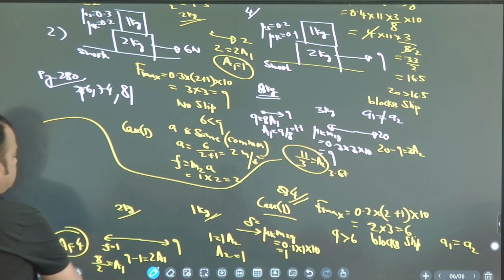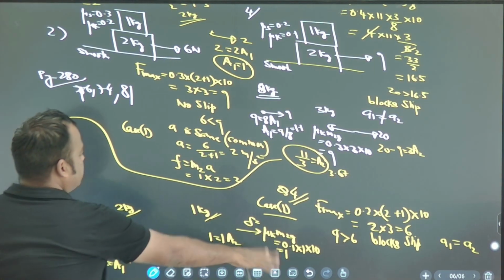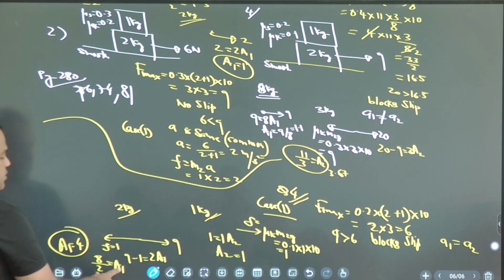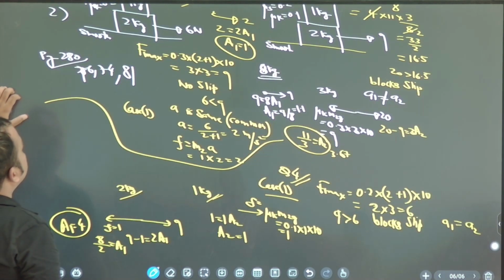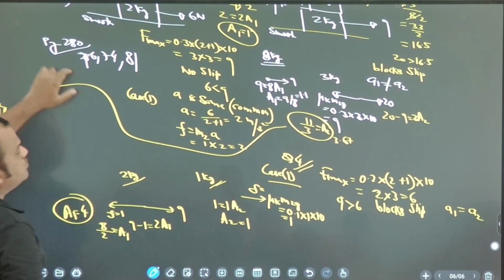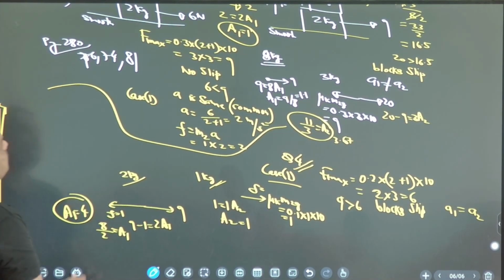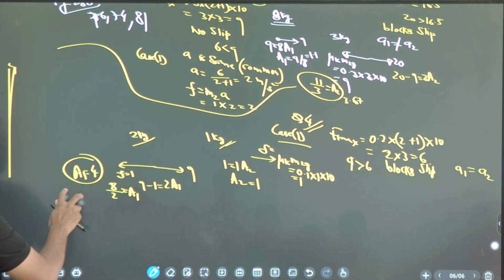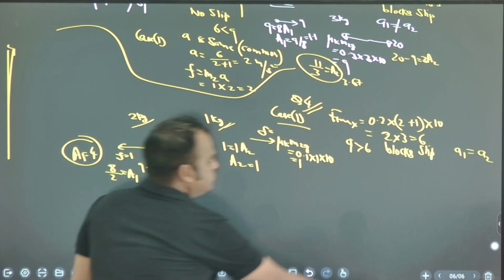A1 is 4. Okay, clear, understood. Friction is 1. A2 is 1. A1 is 4. Okay, now, so this 76, 74, 81.